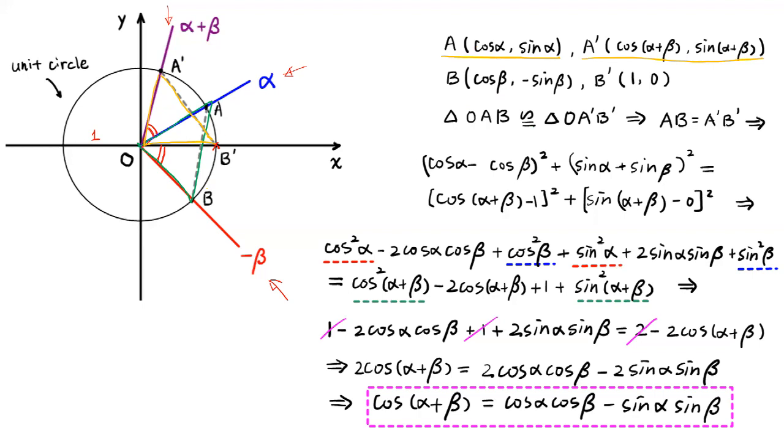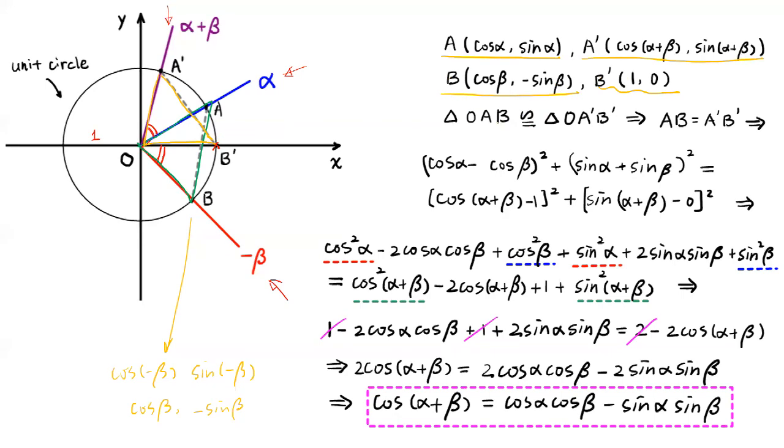And the coordinates of point B is cosine beta, minus sine beta, because by definition, the coordinates of B should be cosine of minus beta and sine of minus beta, right? Cosine of minus beta is just cosine beta, and sine of minus beta is minus sine beta. So the coordinates of B is cosine beta and minus sine beta. And of course, the coordinates of B prime is (1, 0), right? Because it's on the x-axis, okay?